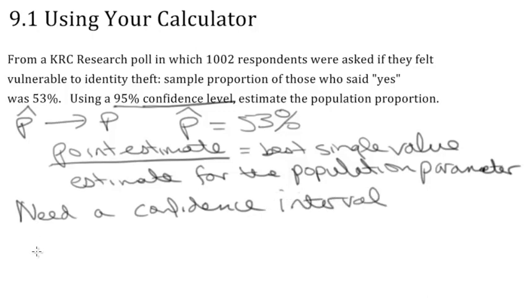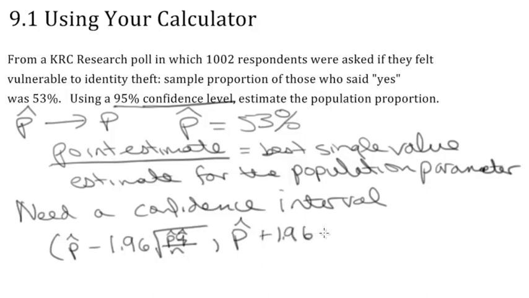And a 95% confidence interval looks like this, where we take the point estimate, we subtract off 1.96, the critical value associated with 95%. If that makes no sense, go back and watch the critical value video, times the square root of p hat times q hat divided by n. And then the upper end of the confidence interval will be the point estimate plus 1.96 times the square root of p hat q hat divided by n.